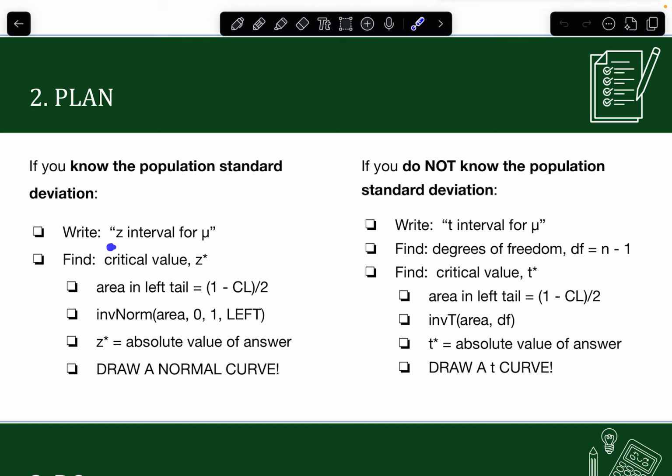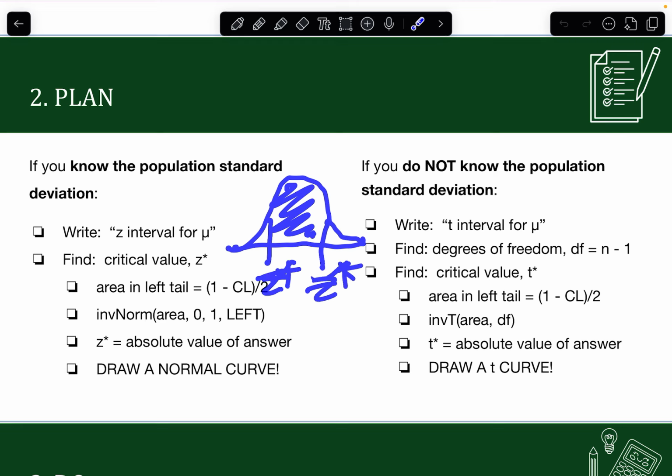For a z-interval, to find your critical value, you're going to figure out the area in the left tail. Because what we're doing is building a normal distribution. We're putting our confidence level here in the middle, and then our z-scores are these boundary values.